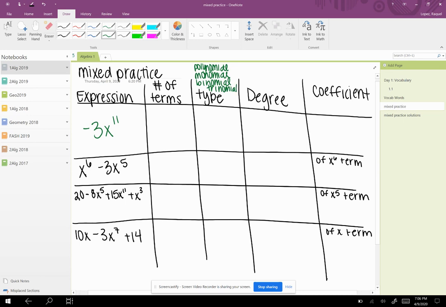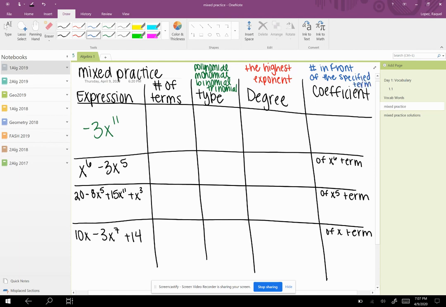Okay, remember the degree is basically the highest exponent, and the coefficient is the number in front of the specified term.